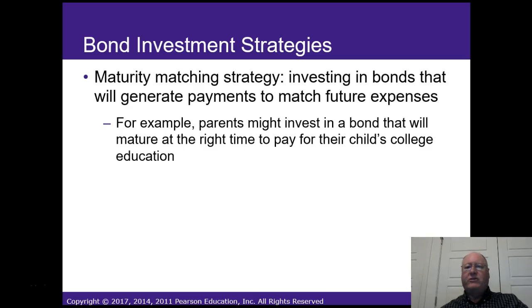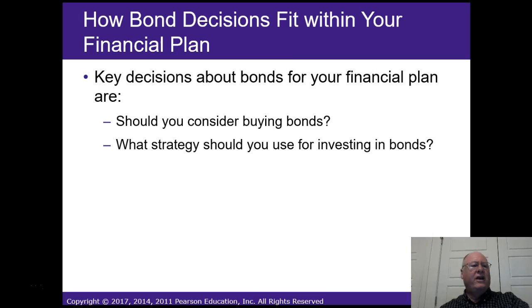This is a very common strategy, for college education, for example, or other significant events that can be tied to a calendar, such as expected retirement dates and some of those kinds of things.